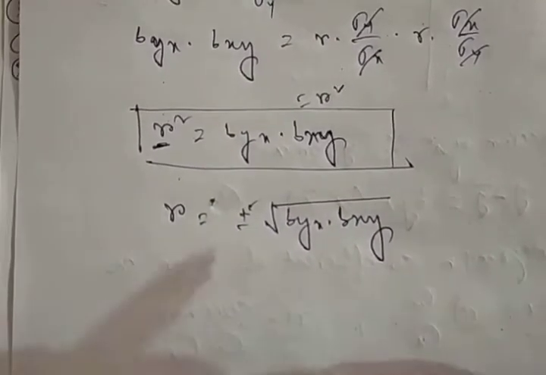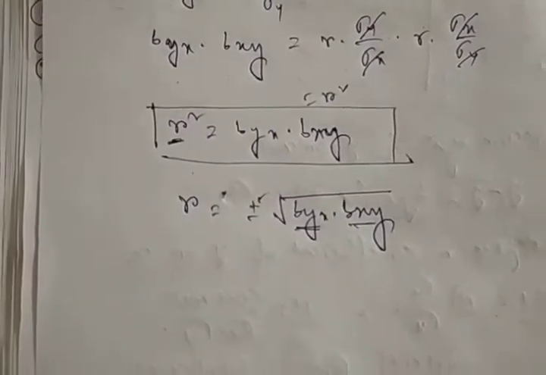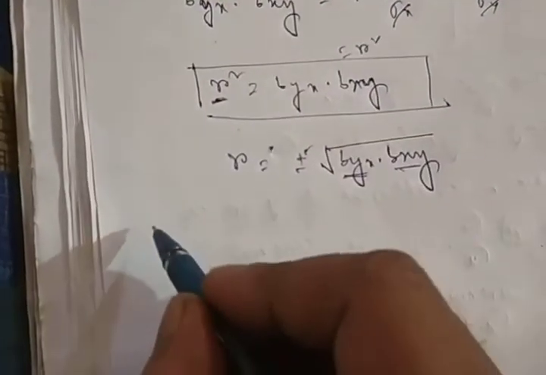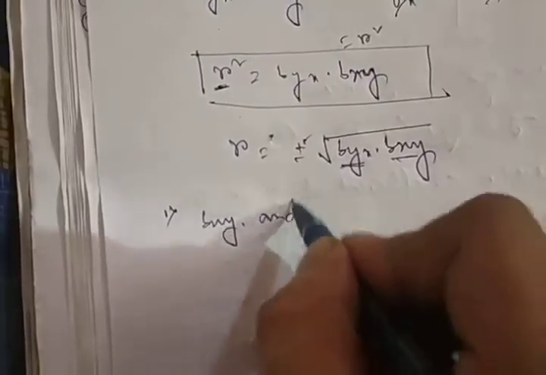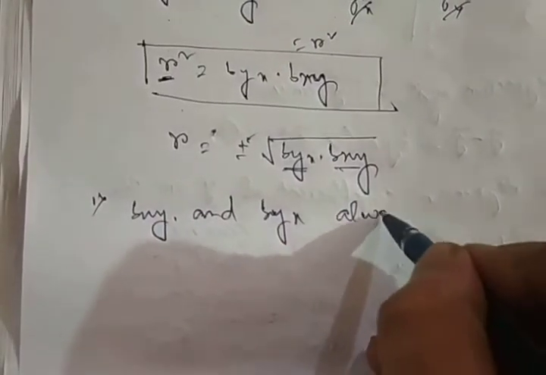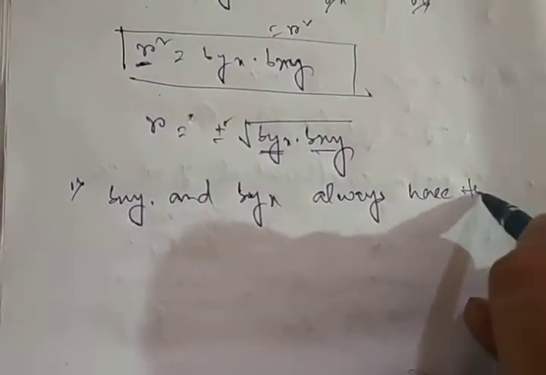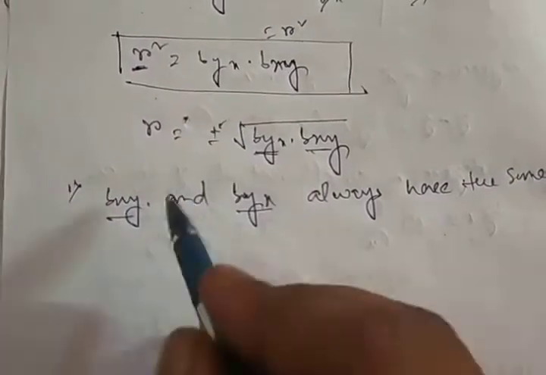It depends only on the sign of the regression coefficients. Here, bxy and byx always have the same sign. When one is negative, the other will also be negative. If one is positive, the other will also be positive.